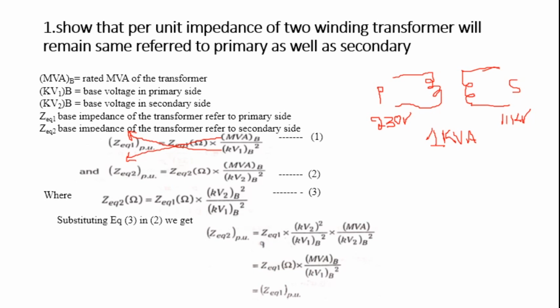That is what it means: MVA base divided by kV1 base squared. So already we have kV2 base squared divided by kV1 base squared. By doing the simplification, what will you get? This kV2 base squared, this is also supposed to be B. Okay, sorry.